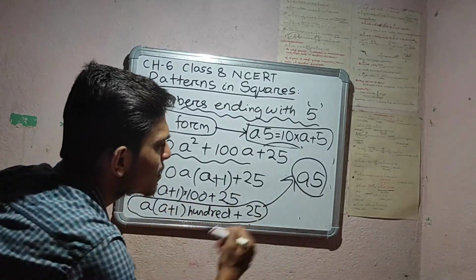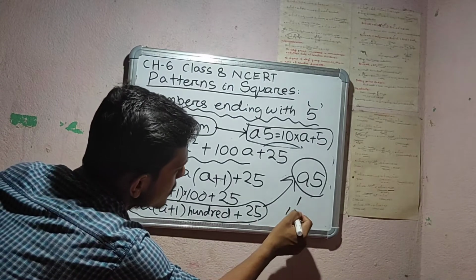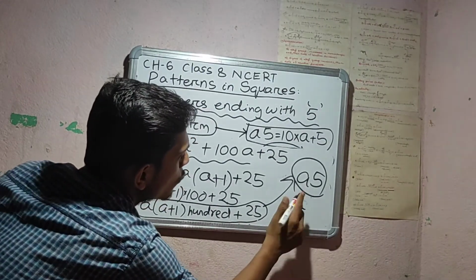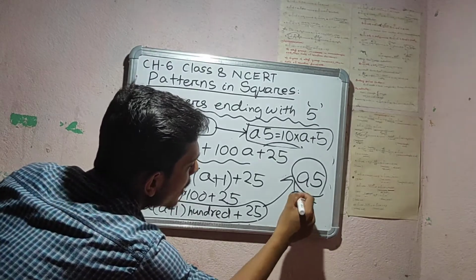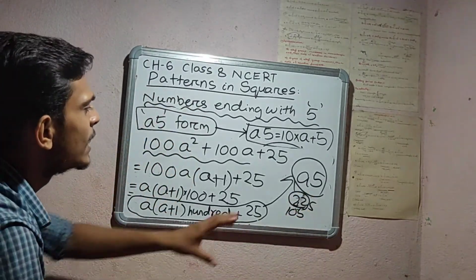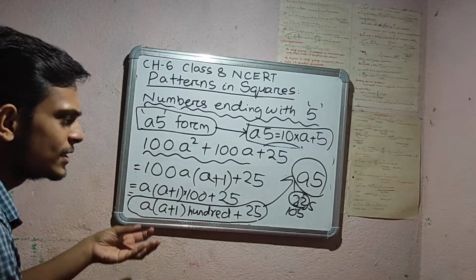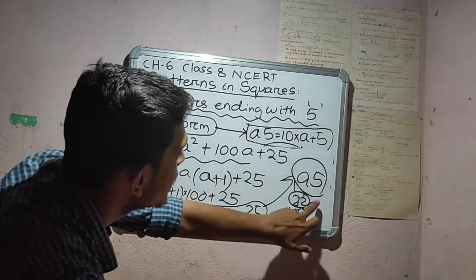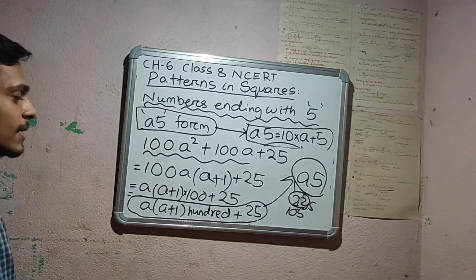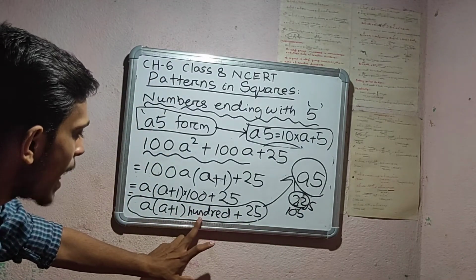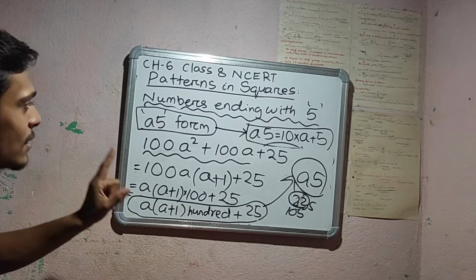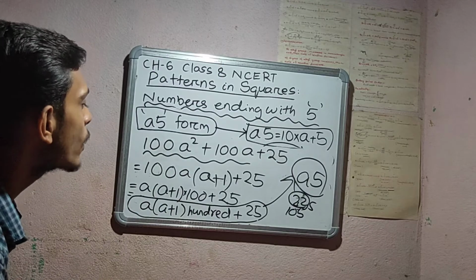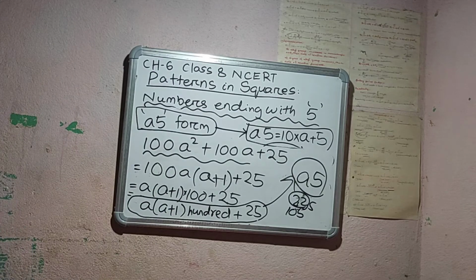Instead of A1, there is also A equal to 10, forming 105, and 225, where the number A is 22. A may be a one-digit, two-digit or three-digit number, any digit number. But the ending digit is 5. So this is the general formula or general pattern for finding the squares of numbers ending with digit 5. So let us consider an example.